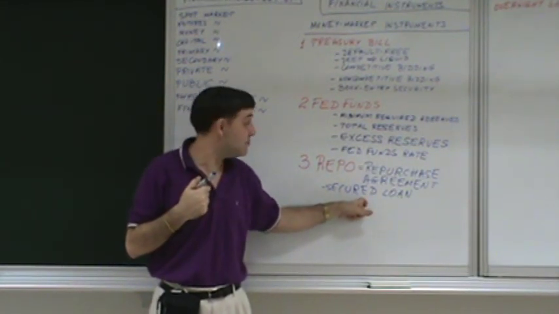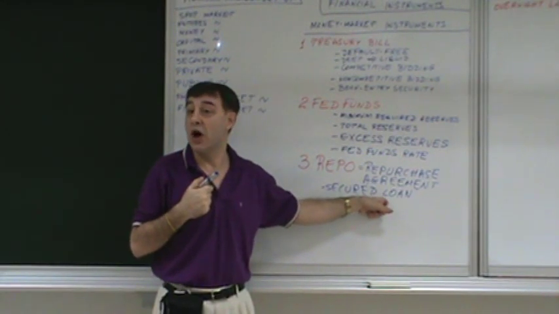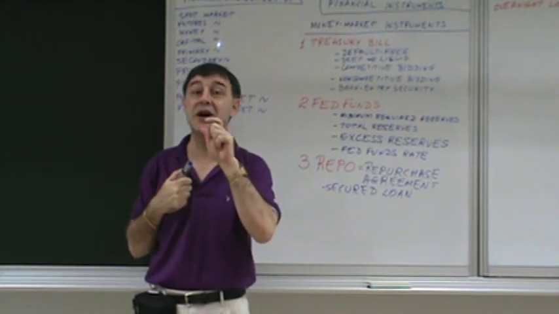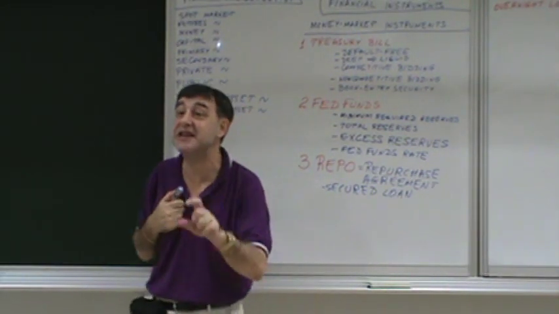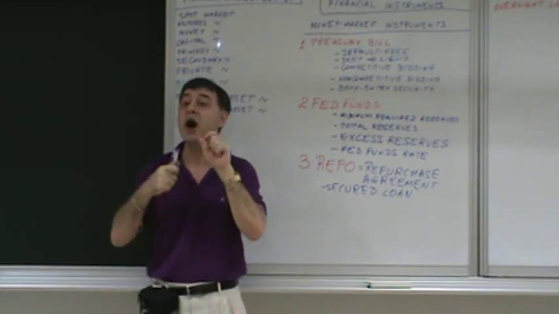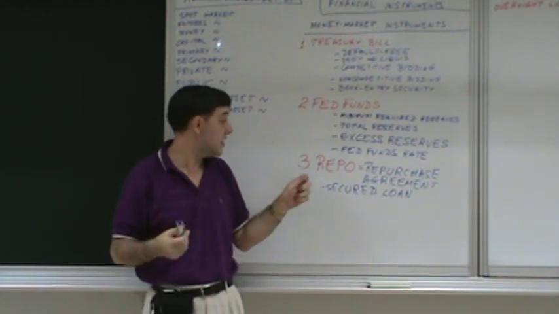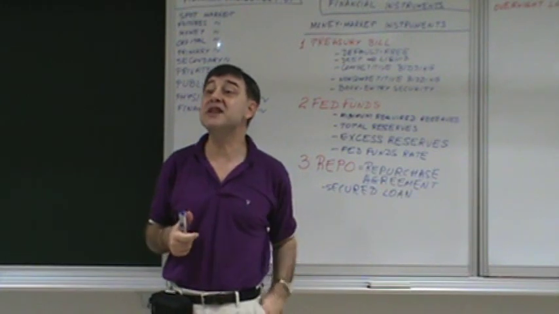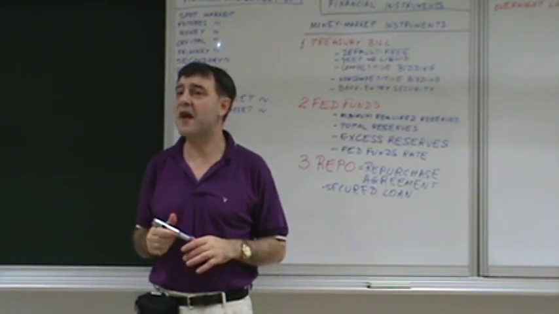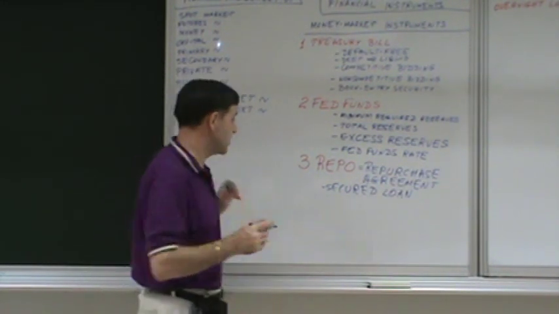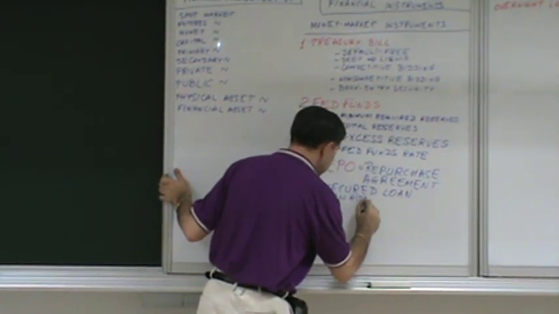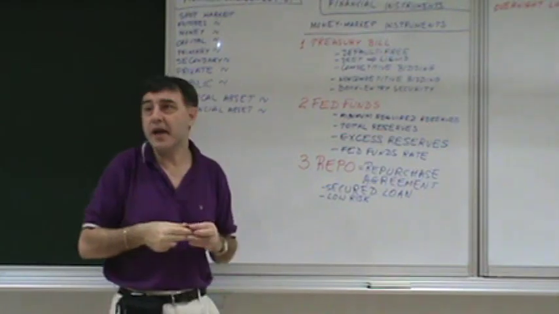Again, technically and legally, it is a sale and will be repurchased later. Economically and financially, the meaning is simply that of a secured loan, where the difference between the sale price and the purchase price is the return on the loan. That's what a repo is. A repo is considered very, very low risk. Why?